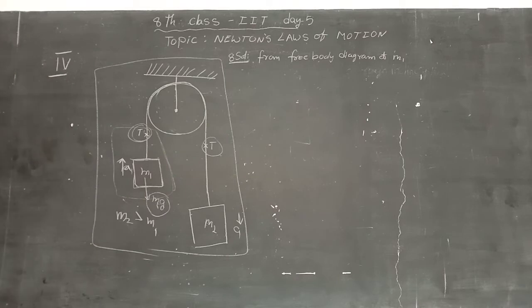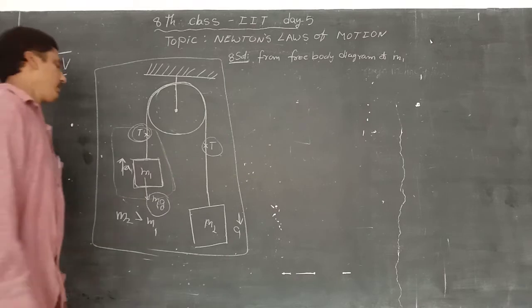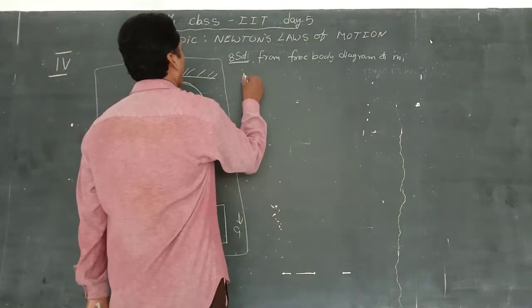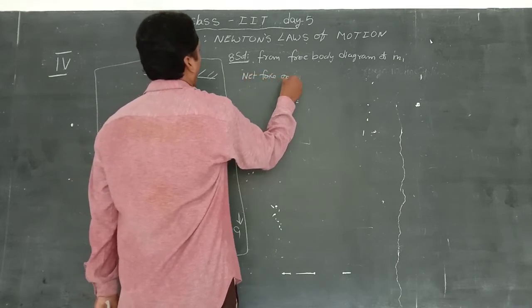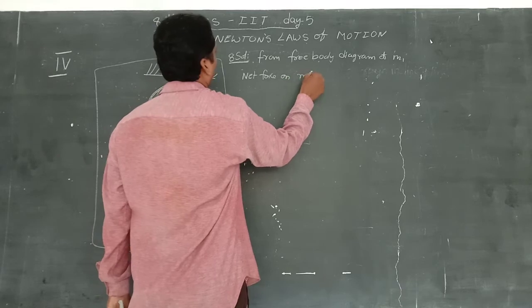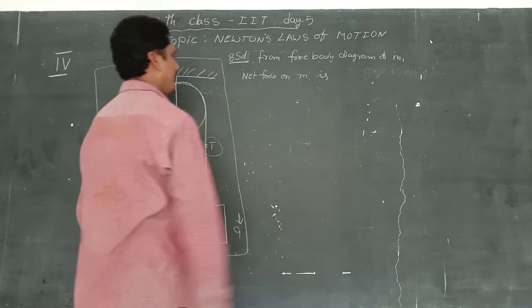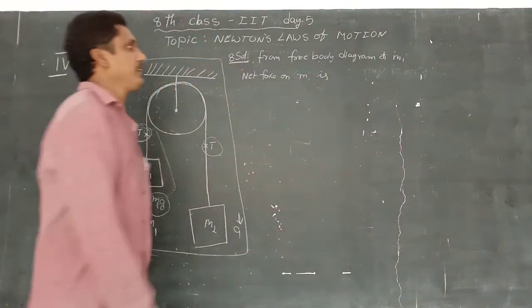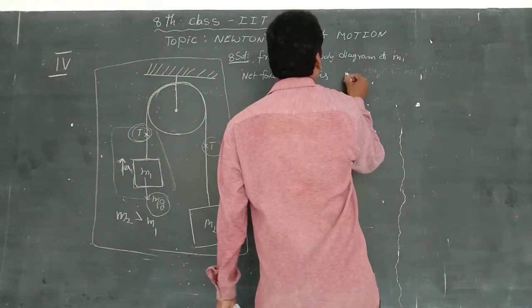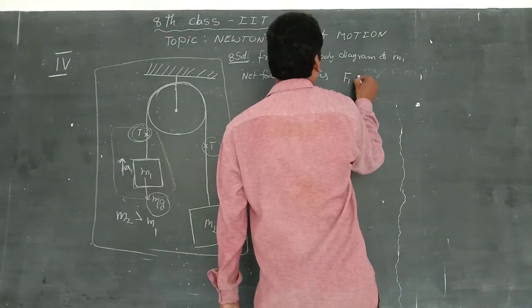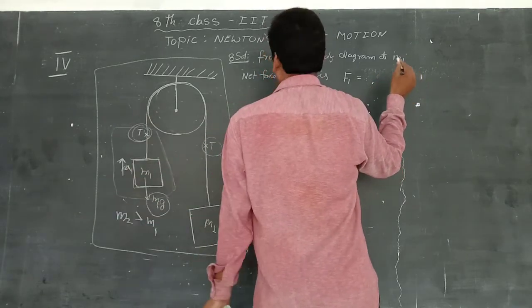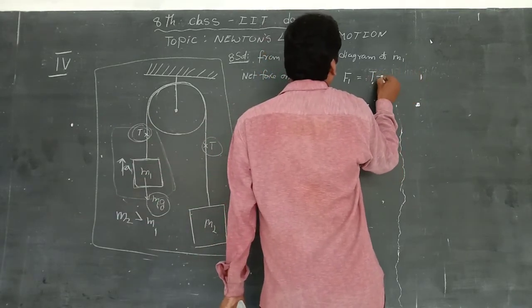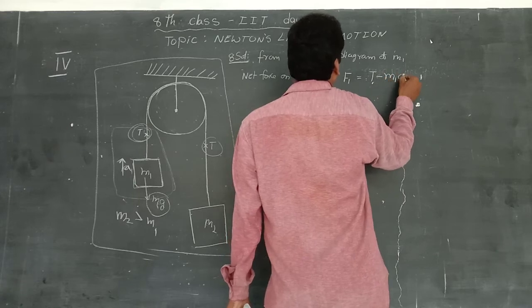So net force on M1, F1, is equal to T minus M1 g.